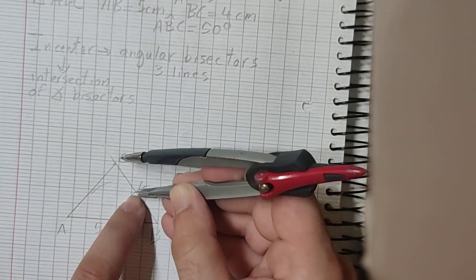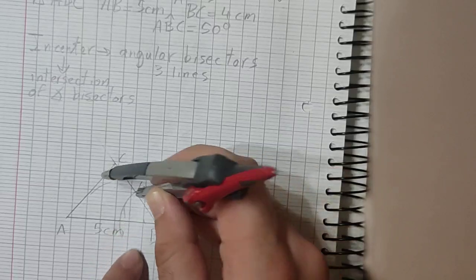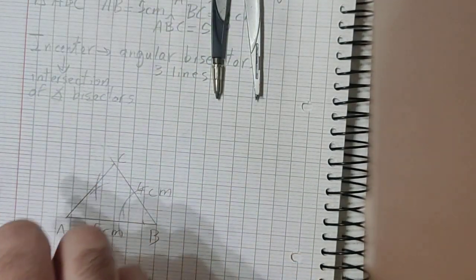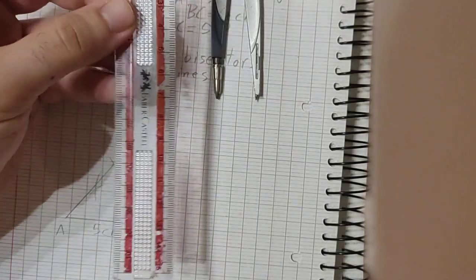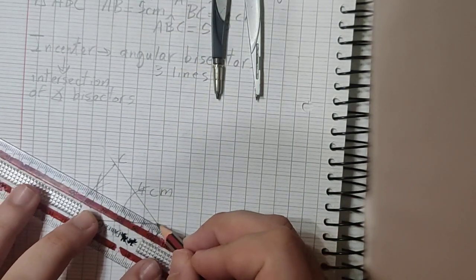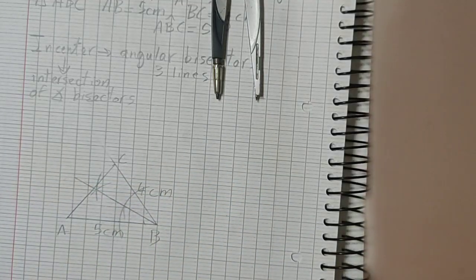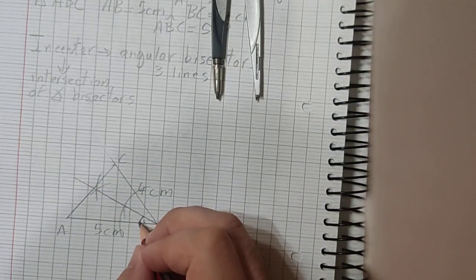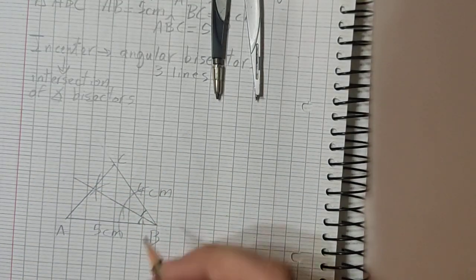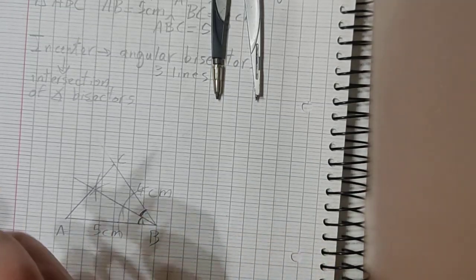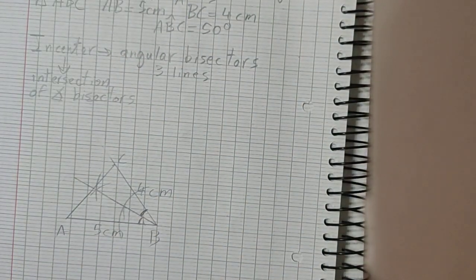You just pick the second intersection, which is right here, and I make my arc. This point is going to dictate my angular bisector. I grab my ruler and I join. This is my first angular bisector, which means this angle is now equal to this angle. These 2 small angles are equal because this is an angular bisector. I am done with my first angular bisector.